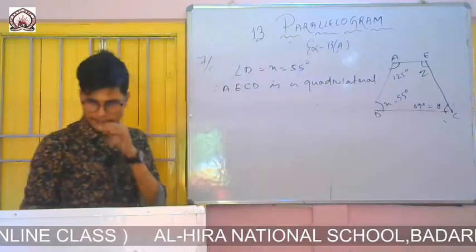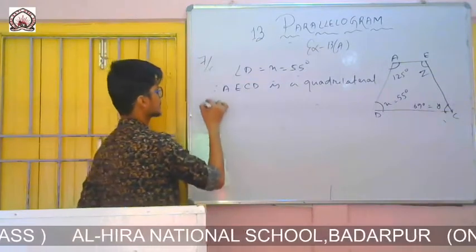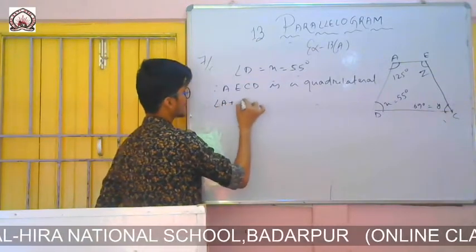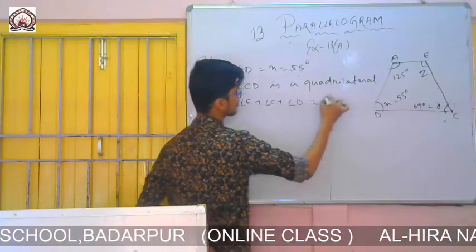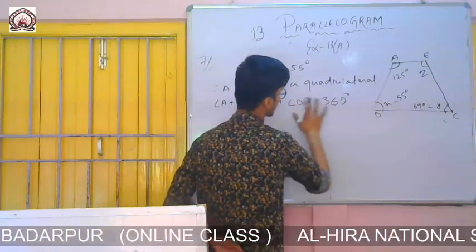Since AEDC is a quadrilateral, therefore angle A plus angle E plus angle C plus angle D will be equal to 360 degrees.